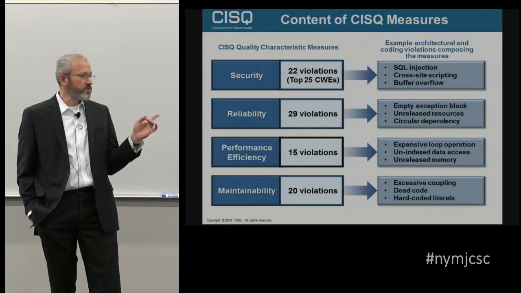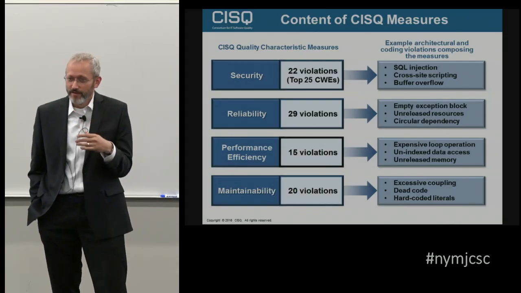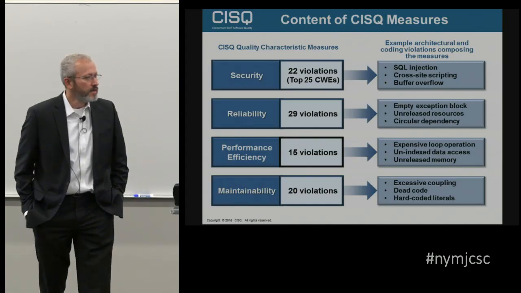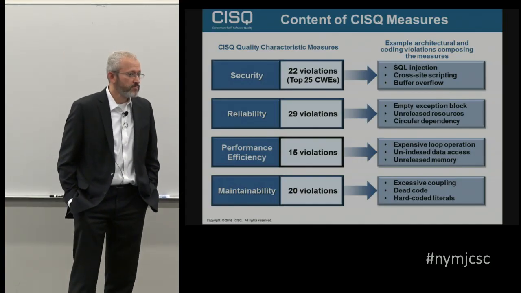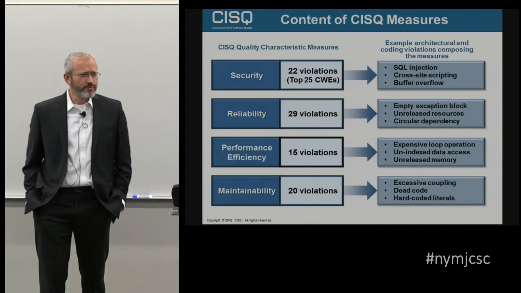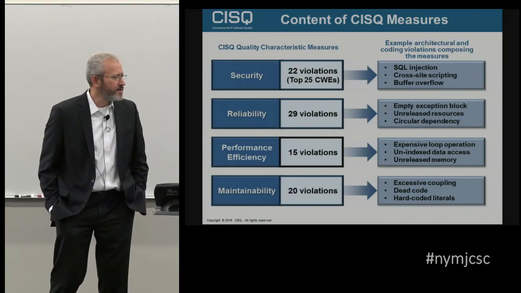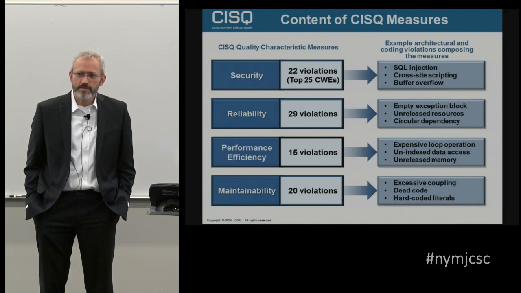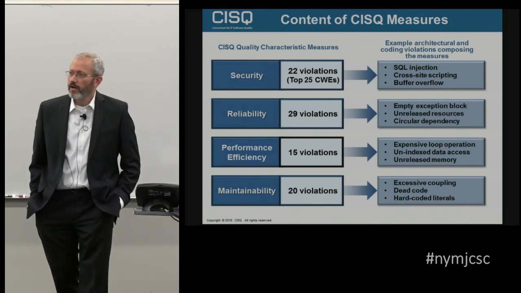Actually, I just saw Joe Jarzenbeck out here. He was one of the progenitors of this, working with the MITRE Corporation. And the Common Weakness Enumeration enumerates something like 800 weaknesses of software, and you can find that on the MITRE website.